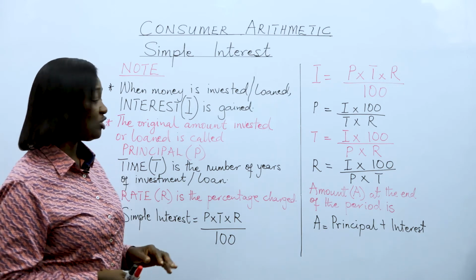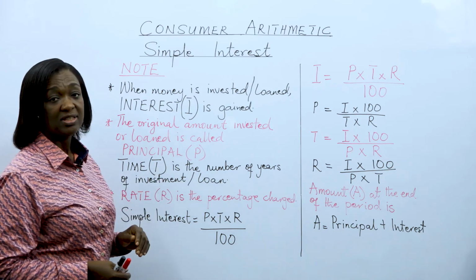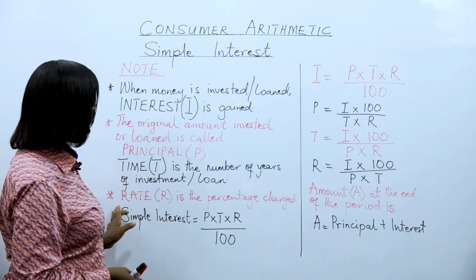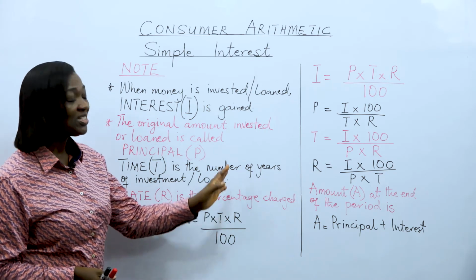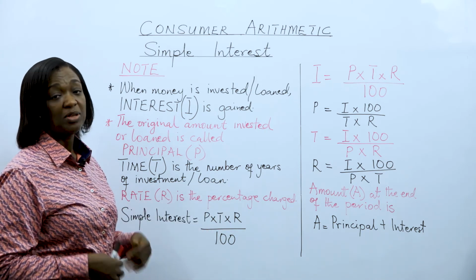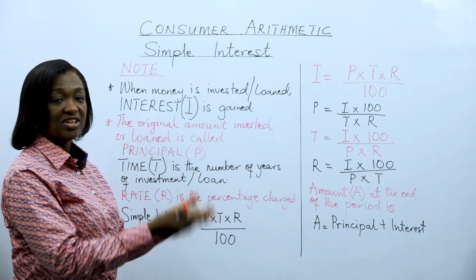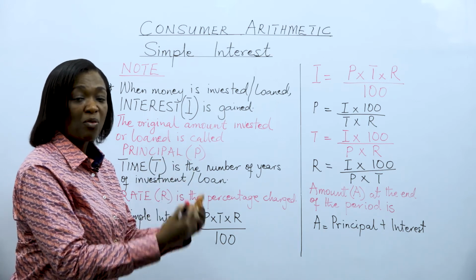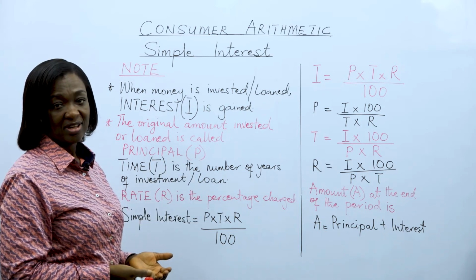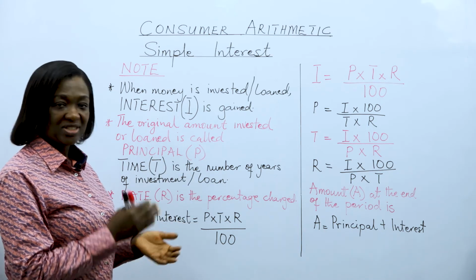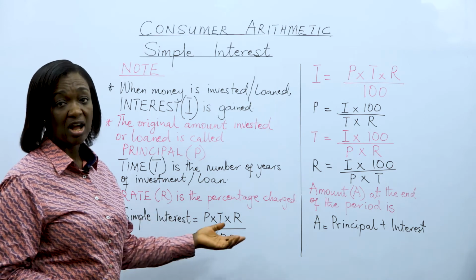It is represented usually by an uppercase T. Then the rate. The rate is a percentage charged on the amount that you have invested or borrowed, from which they can calculate your interest. So the rate is a percentage charged, and percentage is out of 100.